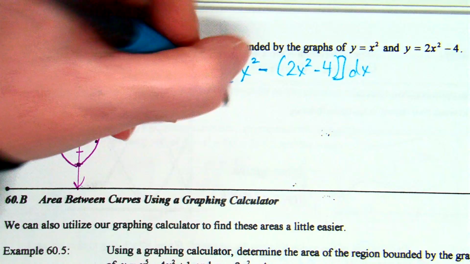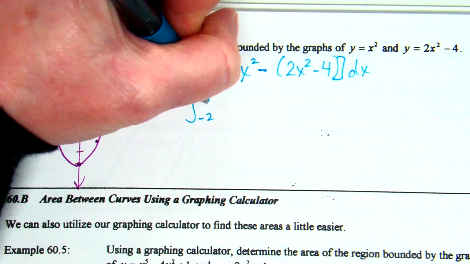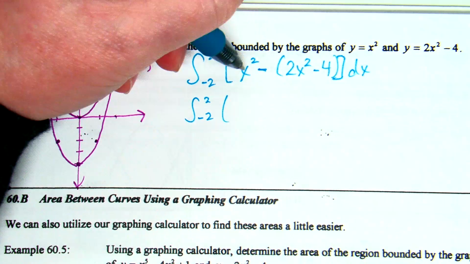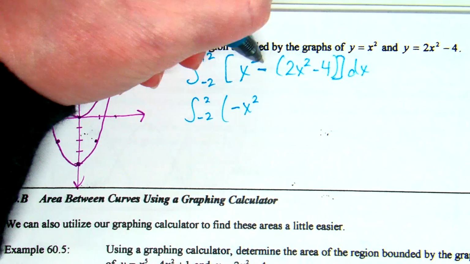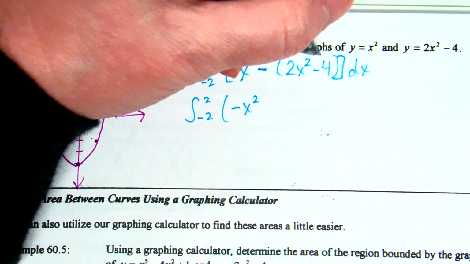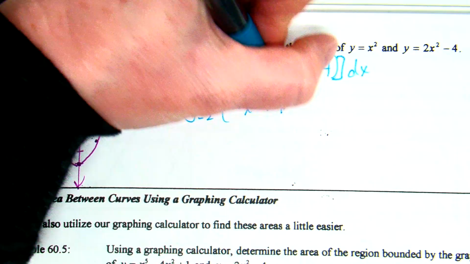So it's the integral from negative 2 to 2. What happens? We have x squared minus 2x squared. What's 1x squared minus 2x squared? Negative x squared. And then notice it's what? Minus negative 4, which makes it plus 4.